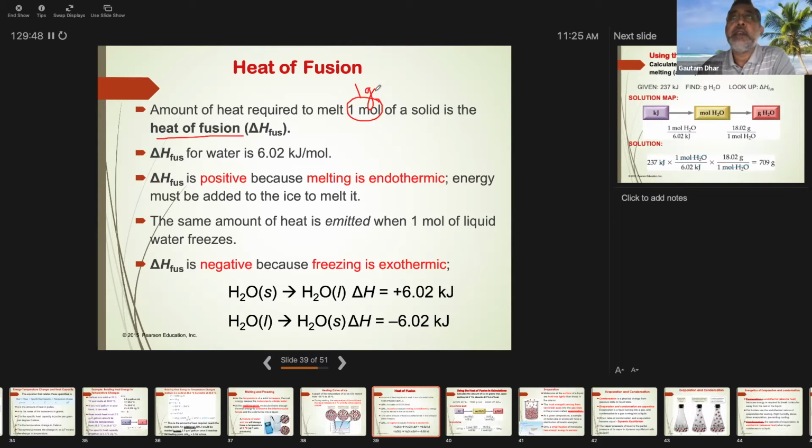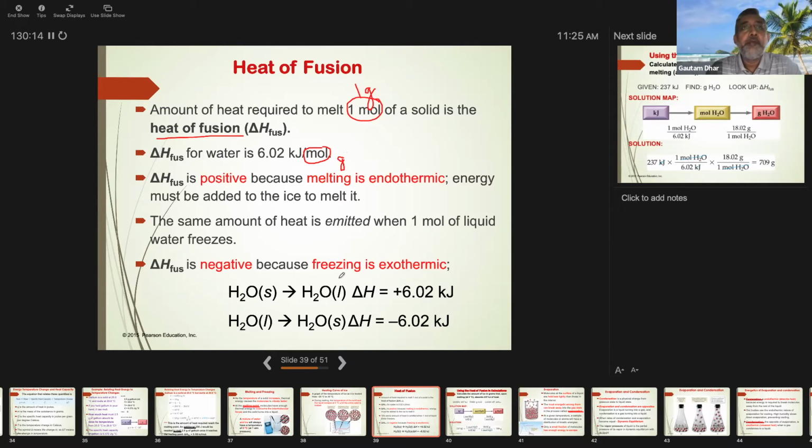For ice, that's like 80 calories per gram. So in order to melt ice at 0 degrees centigrade to water at 0 degrees centigrade, that is the amount of heat you have to give. In joules, we say 6.02 kilojoules per mole. Again, we'll learn about mole in later chapters, but we can also have this in grams.